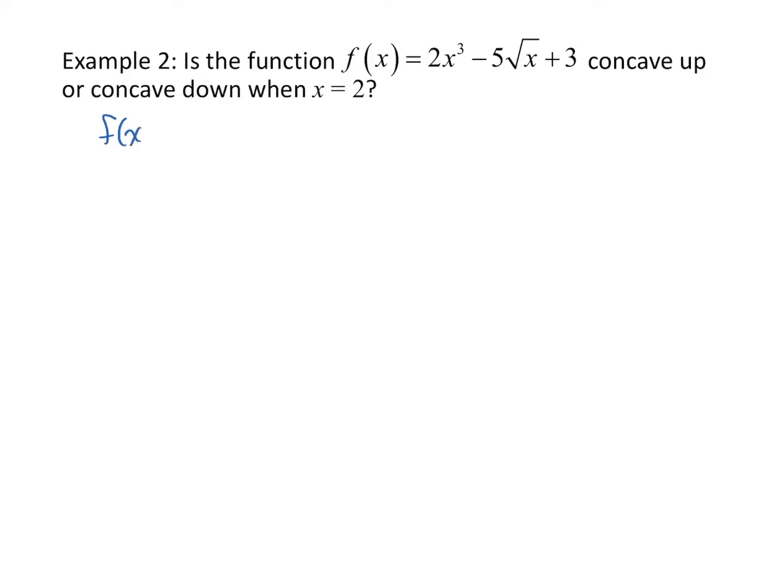And before we do that, we're going to change how this function looks. We don't like roots, so we're going to rewrite that to be an exponent. Once we have that, we can find our first derivative.